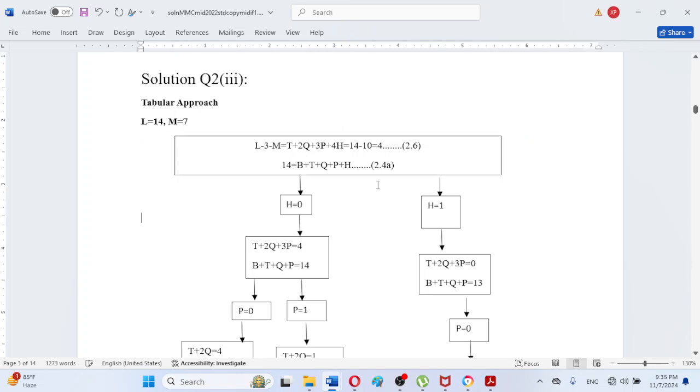As we can observe from equation 2.6, L minus 10 will be equal to t plus 2q plus 3p plus 4h. L is equal to 14, so 14 minus 10 will be equal to 4.